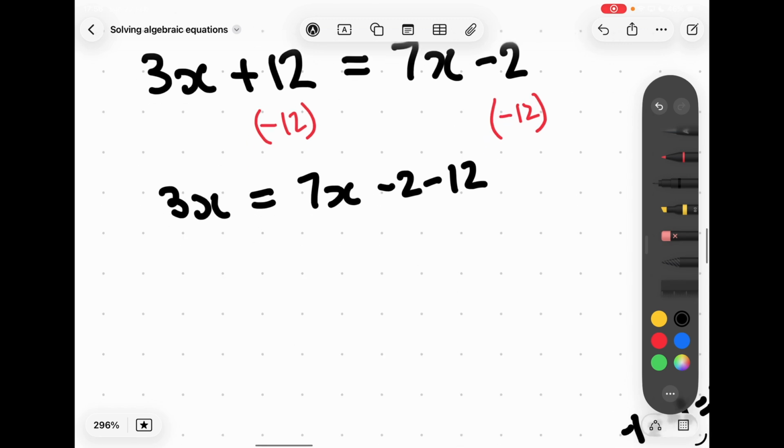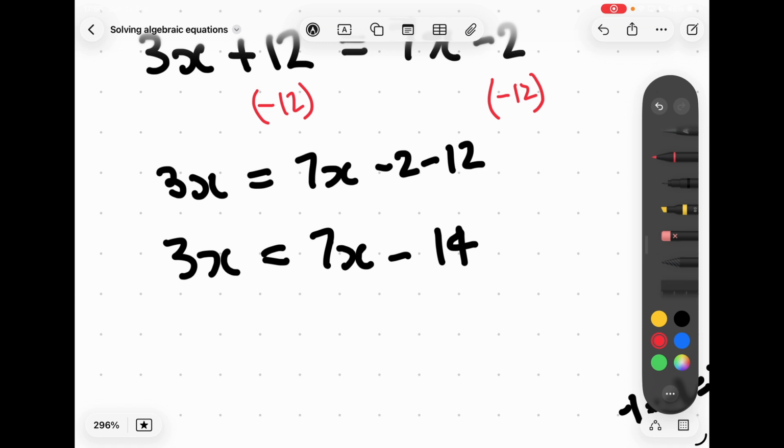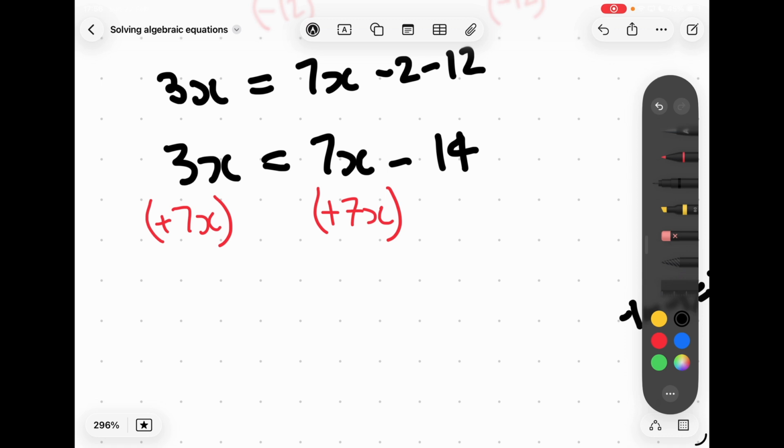Now minus 2 minus 12 is minus 14, so 3x is equal to 7x minus 14. Now to both sides we're going to plus 7x. So then we're going to get 10x is equal to minus 14.